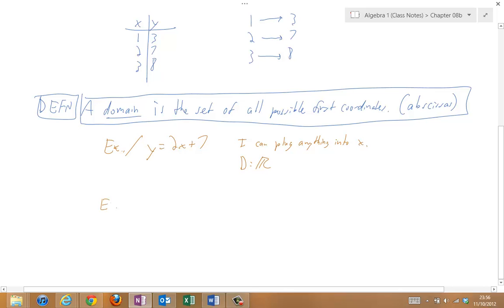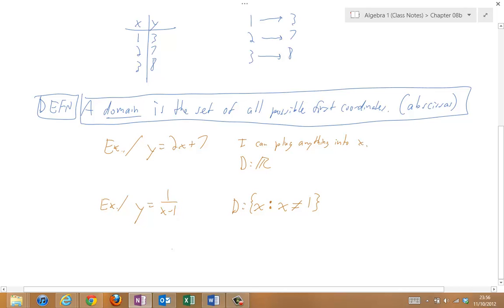Here's yet another example. Let's say y is equal to 1 over x minus 1. Here, I cannot plug anything into x. There's actually one number that I cannot plug into x. So my domain would have to be all x such that x cannot be equal to, dramatic pause, 1.